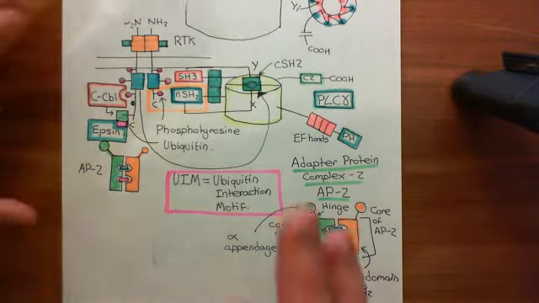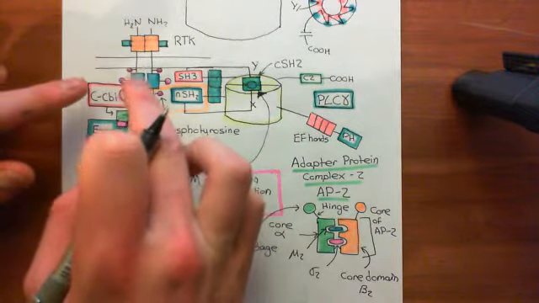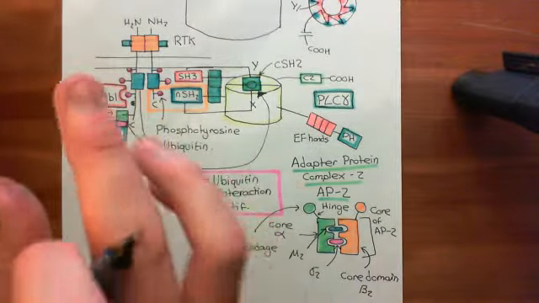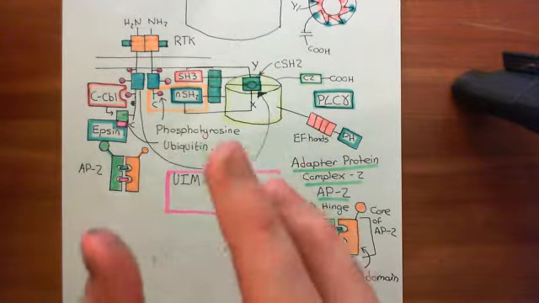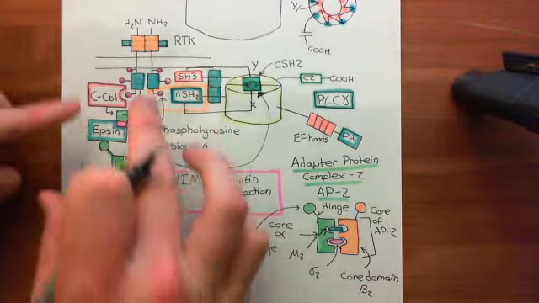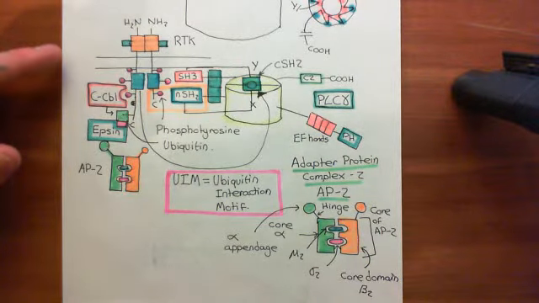Okay, so we are going to get Clathrin recruited to the underside of this receptor tyrosine kinase, and that is going to result in the polymerization of the Clathrin and the formation of an endocytic vesicle that's going to pinch off the membrane that contains this receptor tyrosine kinase and take the receptor tyrosine kinase into an endocytic vesicle.